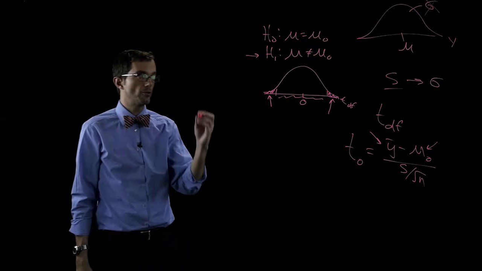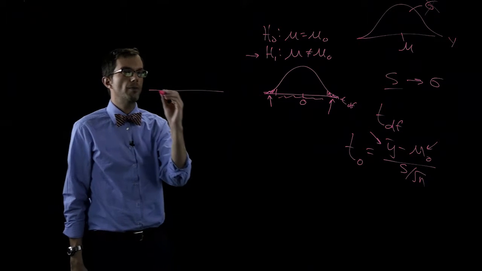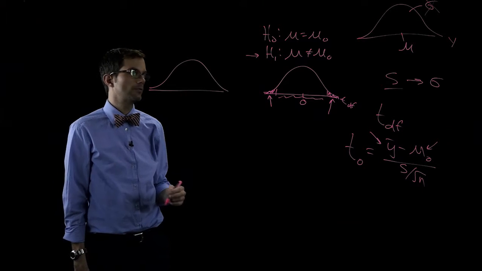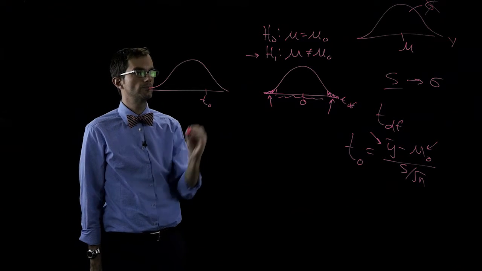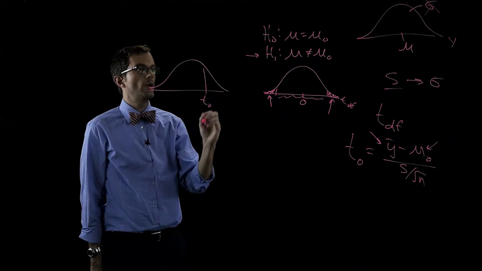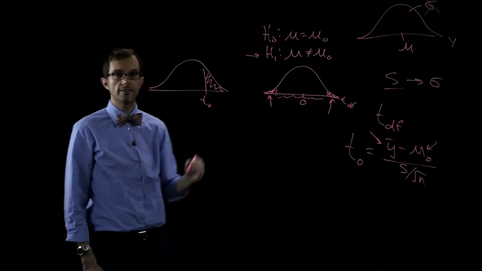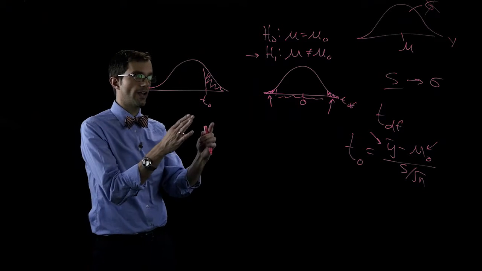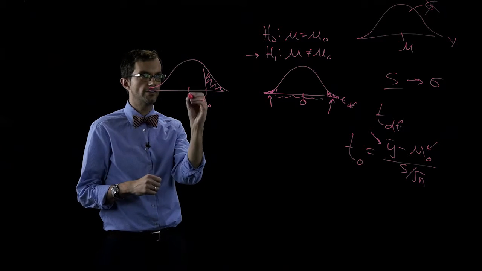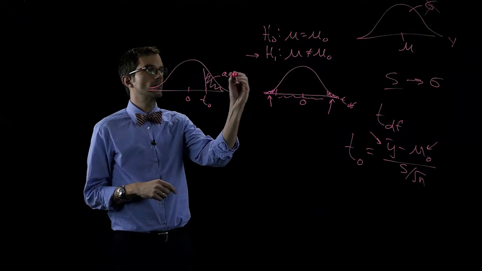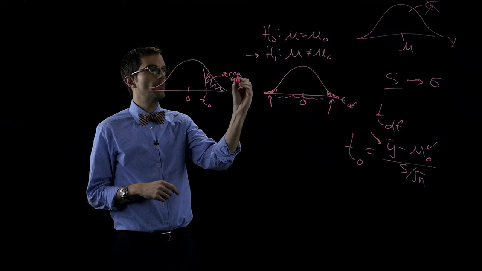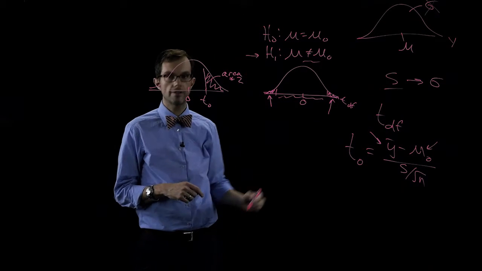The p-value approach for this set of hypotheses would go something like this. We calculate our test statistic. Let's just say it lies here, for example. Okay. We calculate the area in the tail above the test statistic in this case, because the test statistic lies to the right of 0. We take this area, we multiply it by 2, because this is a two-tailed test.